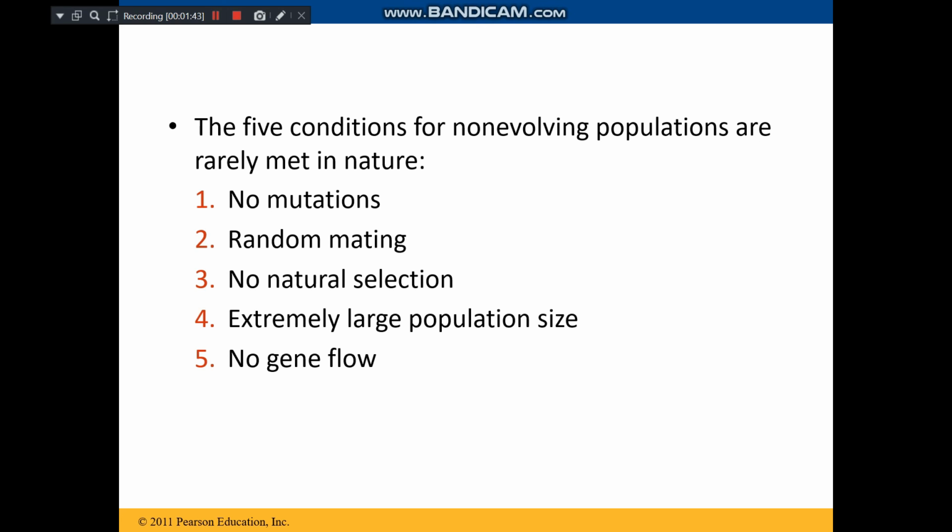If these conditions are not met, the population will show evolution. In a non-evolving population, this is more theoretical: no mutation, always random mating, no natural selection, exceptionally large population size, and no gene flow. If all these things are there, the population will not evolve.